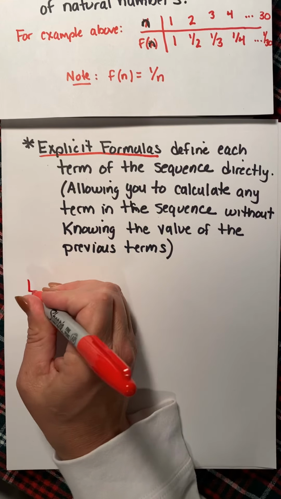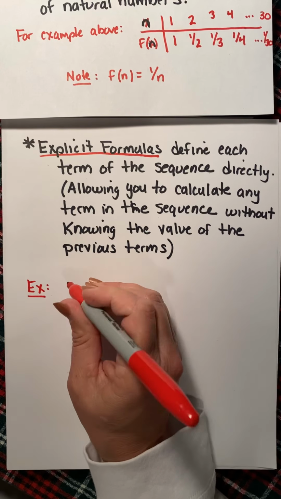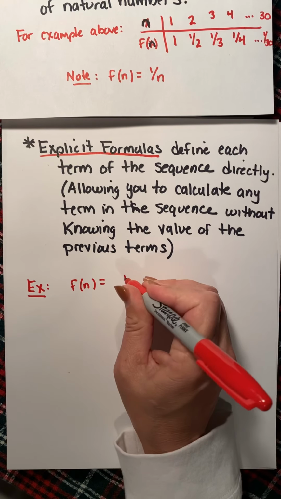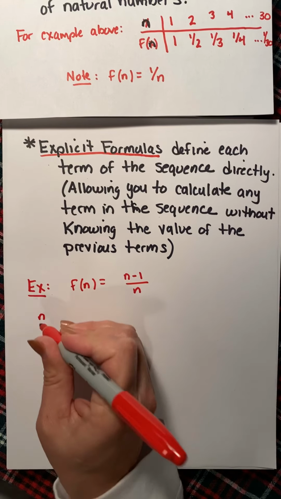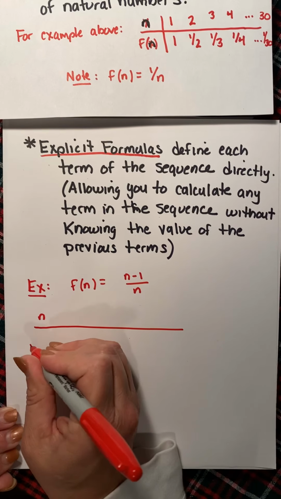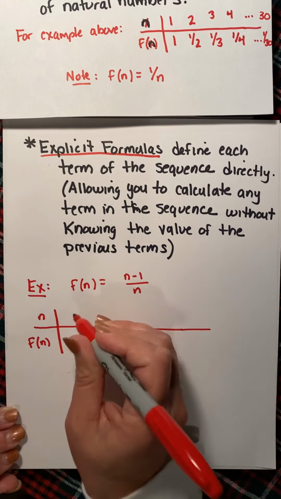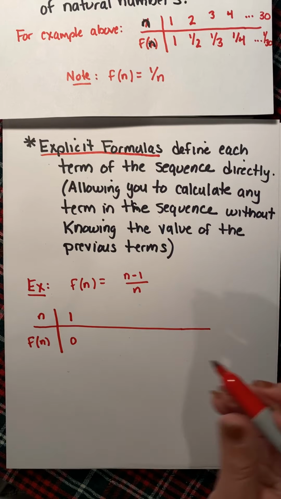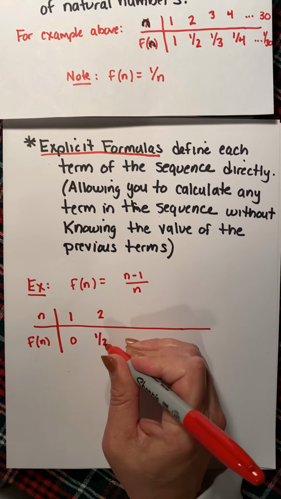So let's look at another example. I could say let f of n equal (n minus 1)/n. And if we made a table of values, we start with our counting numbers. At 1, we'd get 0/1, which is 0. At 2, we'd have 1/2, which is 1/2.